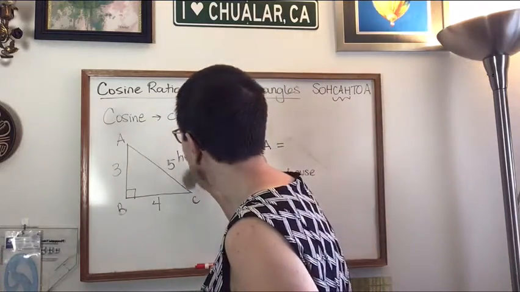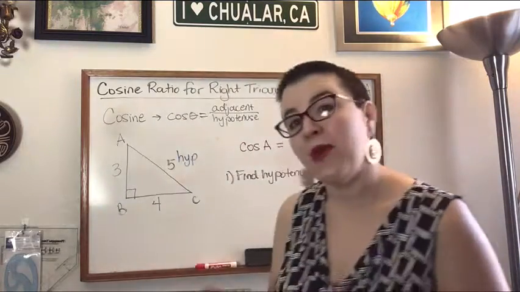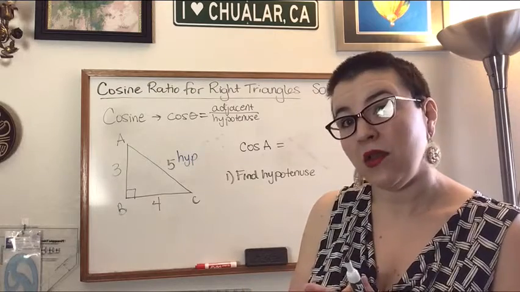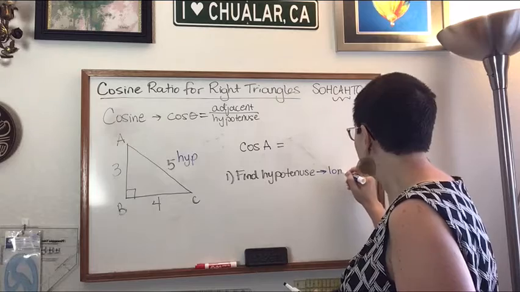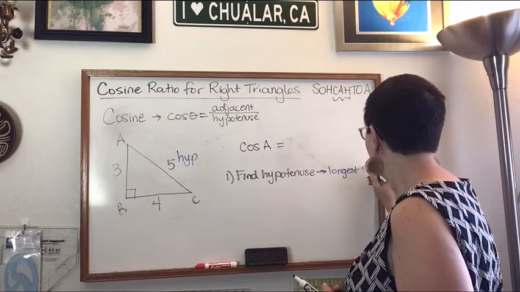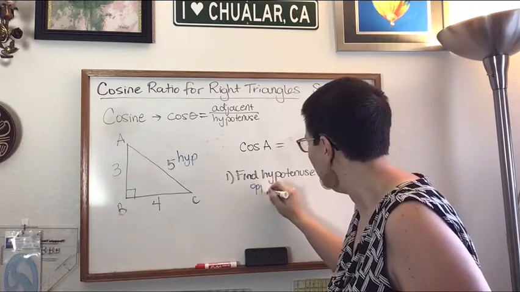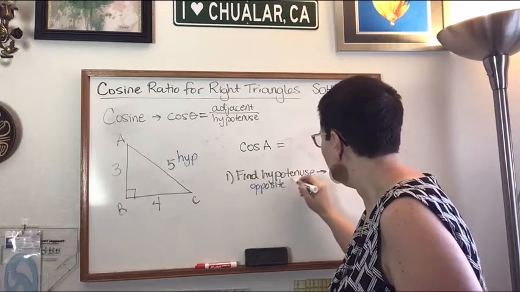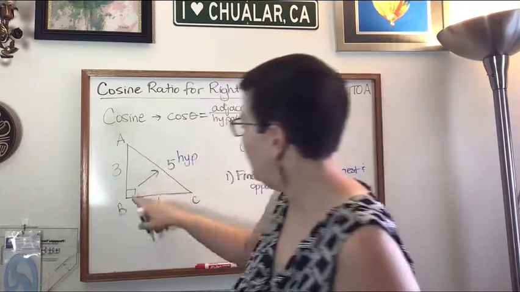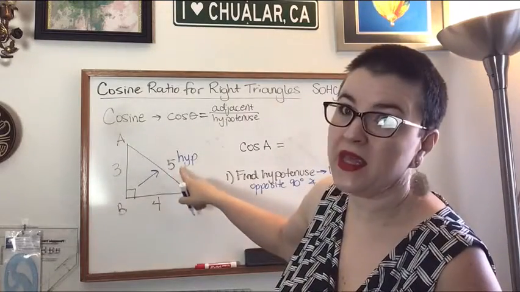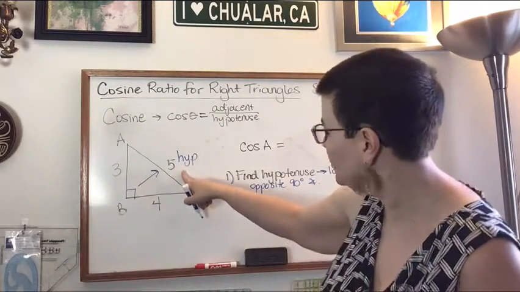So this right here is my hypotenuse. Remember, the hypotenuse is the longest side, or the side opposite the 90-degree angle. Here's the 90-degree angle, and all the way across from it is the hypotenuse.